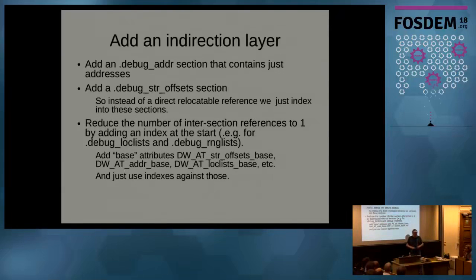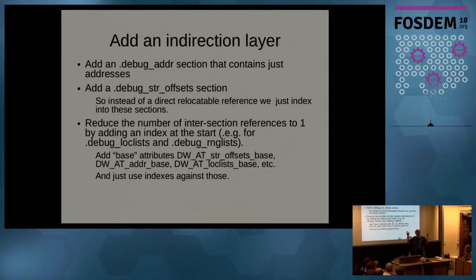So what we do is we put all the addresses in their own section, and that's basically just an index, and then you can use an index into the debug address section. And the same we do with strings.